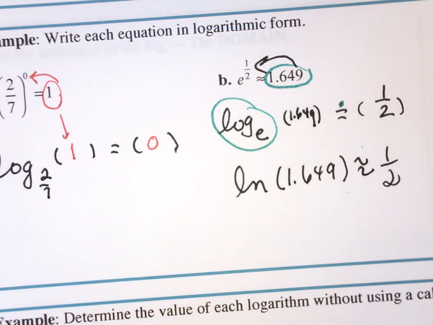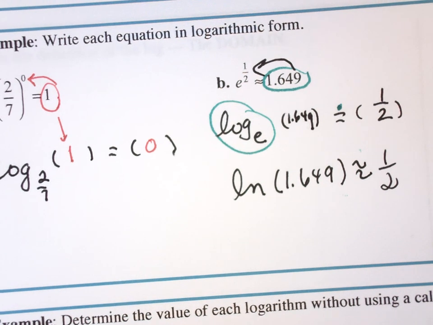Yeah? For like for C, would it be wrong to write it as E raised to 0.7 equals 2? Yes, it would, because you're looking at an approximation.